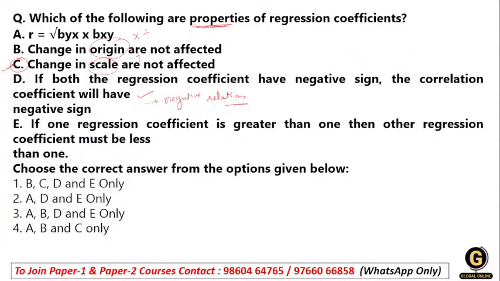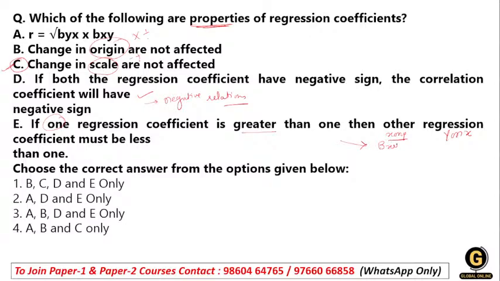Then we have option E: if one regression coefficient is greater than 1, the other regression coefficient must be less than 1. What does it mean? When we calculate the regression value, we calculate x on y and y on x, that means x depends on y and y depends on x.